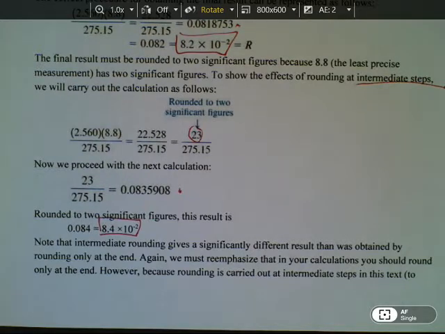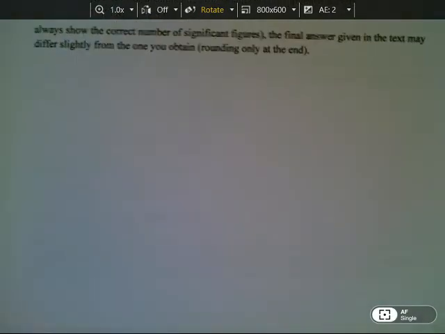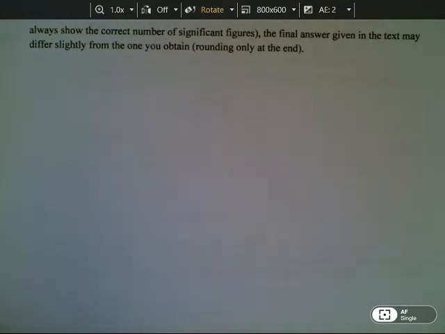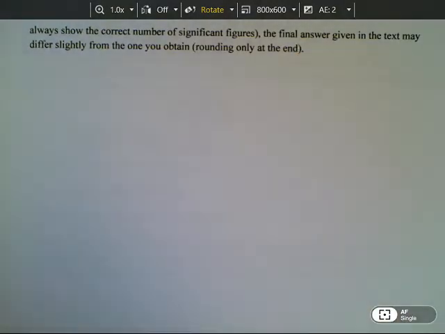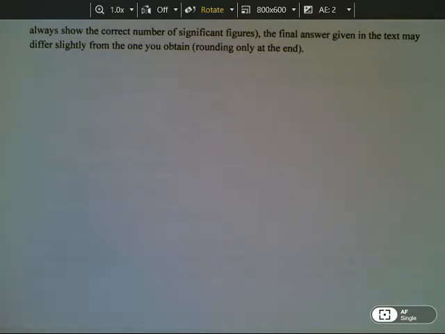However, because rounding is carried out at intermediate steps in this text, in the textbook, we're always showing the correct number of significant figures. The answer given in the text may differ slightly from the one you obtained because you, as an AP student, are going to be rounding only at the end.